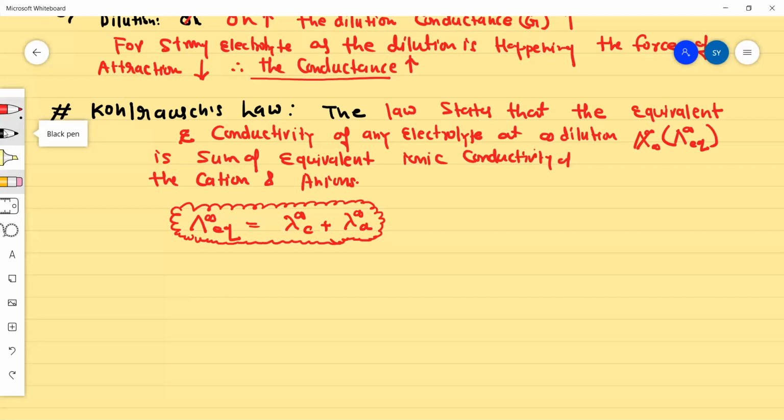So that's the application. This is very important for the application from the MCQ point of view. The application of Kohlrausch's law.